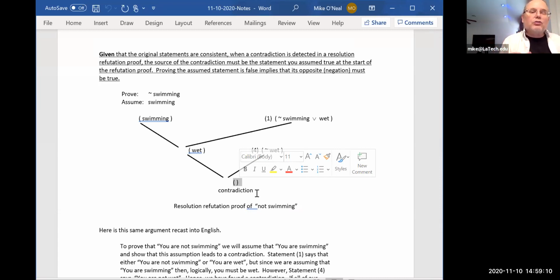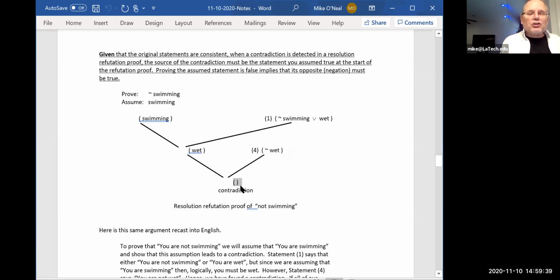You are just taking something you want to prove, you're assuming the opposite, you're using resolution to put these clauses together, using clauses where one clause has the positive version of the term and the other clause has the negative version of the term. You put those two together, you cancel the conflicting terms, and you keep doing this until you get a contradiction.